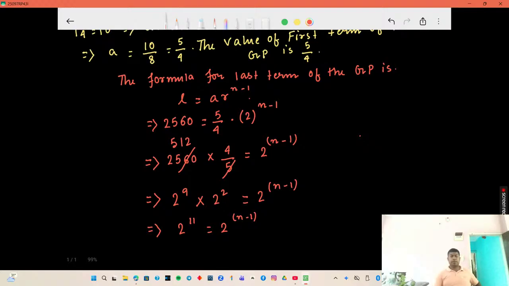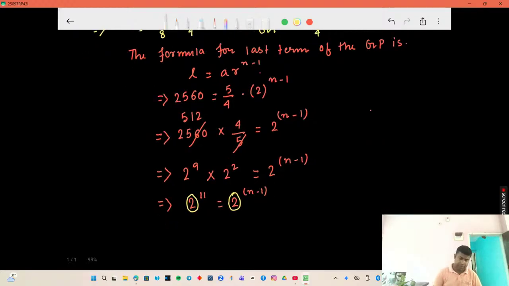From here we know that if the bases are equal then powers are also equal. Here we can see that on both sides the base is 2 and 2. So from here we can say that the bases are equal. So now if bases are equal, the powers are also equal according to the exponent rule.